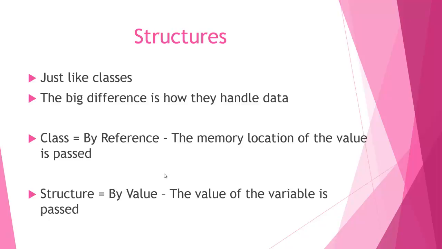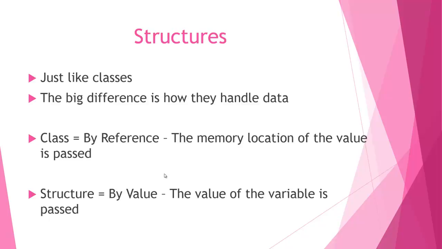Well, what the class does is it says, okay, here's the memory location of x, so you can look at the original value. So if somebody changes x, they actually change the value in memory, and then anybody else that references x, they get the changed value. Now you can see that obviously uses a lot less memory because there's only one memory location for the value x. So that's a class.